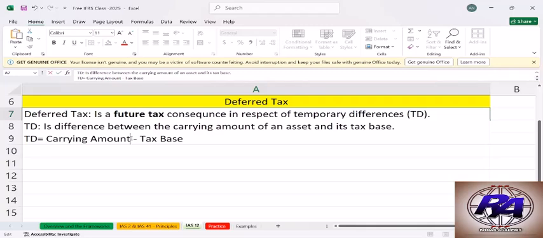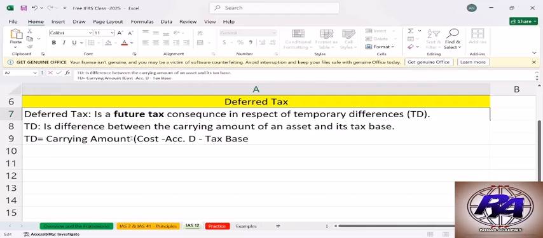Carried amount is basically the cost of the asset minus accumulated depreciation. Sometimes we go ahead and less our accumulated impairment or impairment loss. But in this case, carried amount is cost minus accumulated depreciation. Don't forget, that's how we get our carried amount.